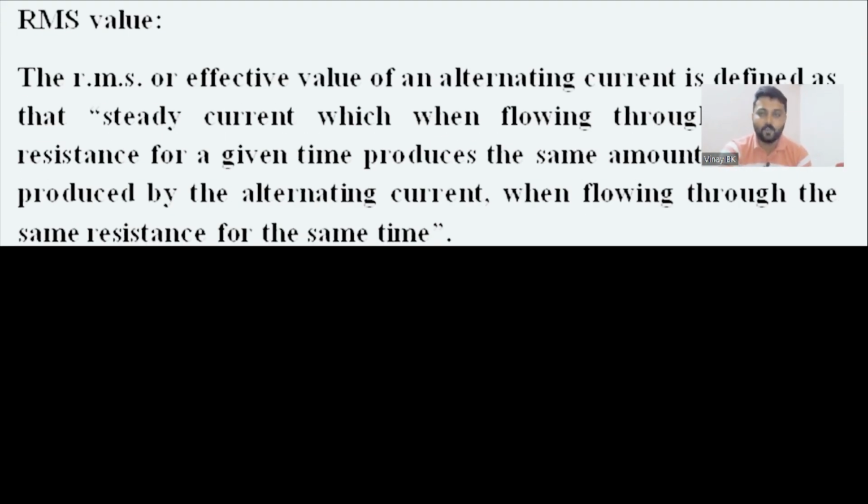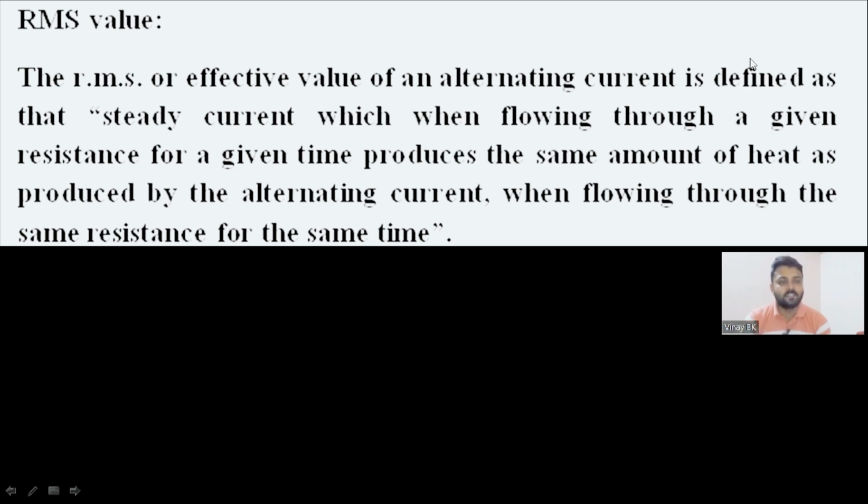The RMS value of an alternating current can be defined like this. Steady current is nothing but DC. When a DC flows through a given resistor for a given time, the resistor produces heat.